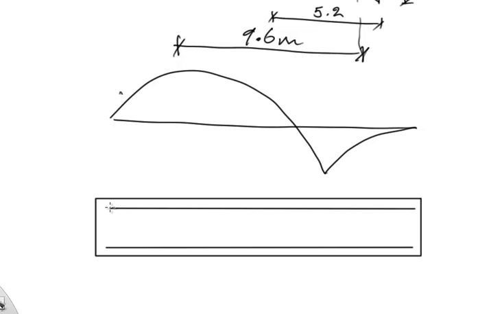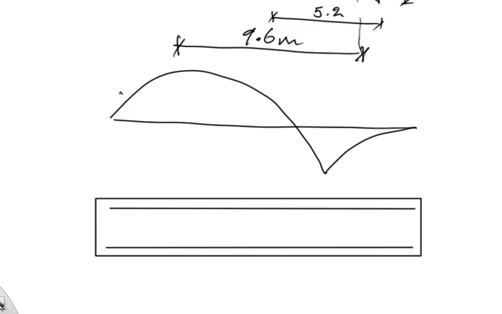The very first question you're going to ask yourself, okay, so where should I put the positive and where should I put the negative? So you need to know when the beam experiences the positive moment and when it experiences the negative moment, and all of this information you can get from the bending moment diagram.